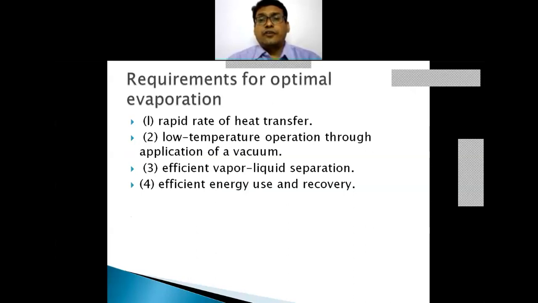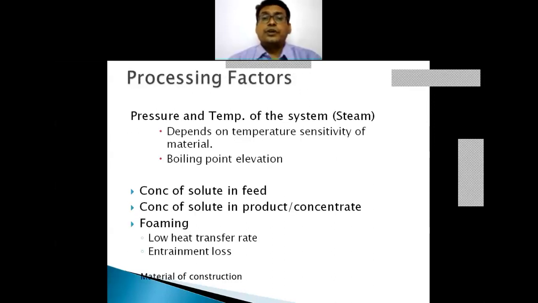Then the requirements for optimal evaporation: rapid heat transfer rates are required, low temperature operation through the application of vacuum, efficient vapor-liquid separators, and efficient energy use and recovery. Then there are certain processing factors also.